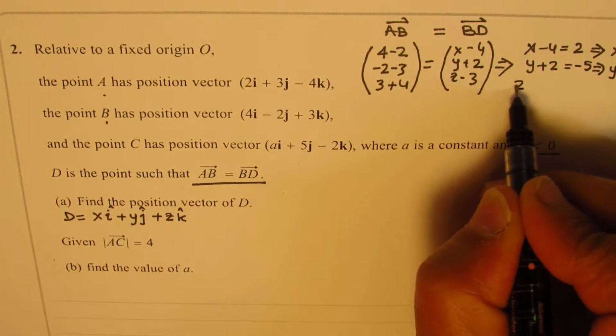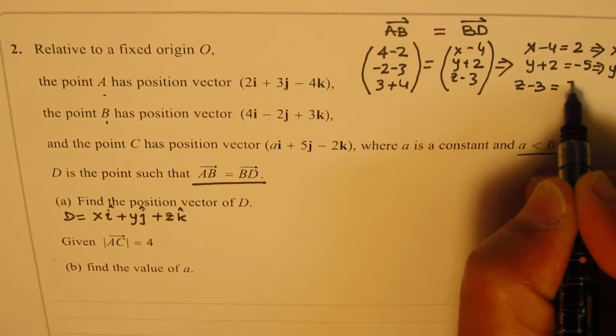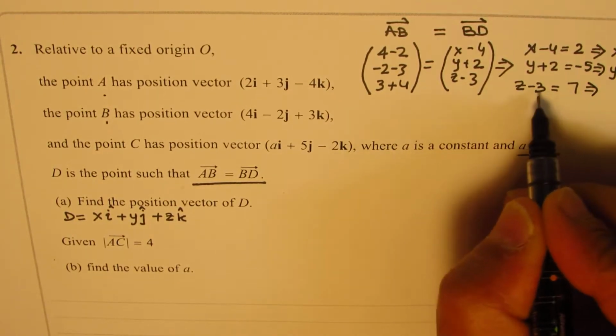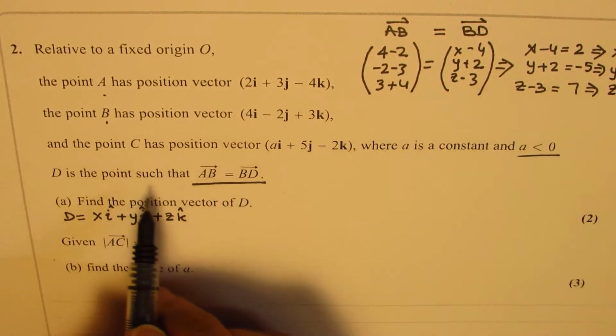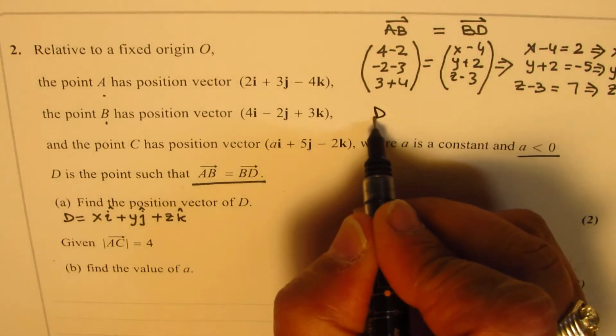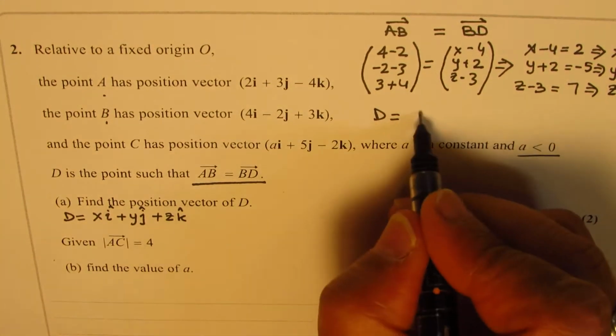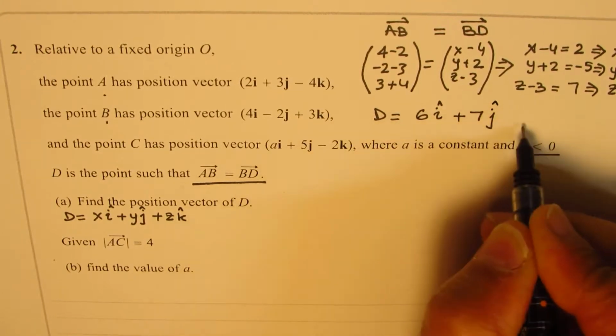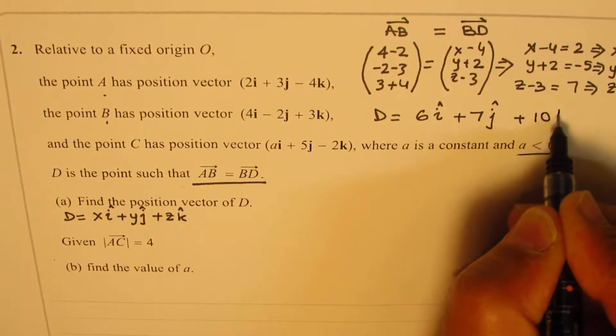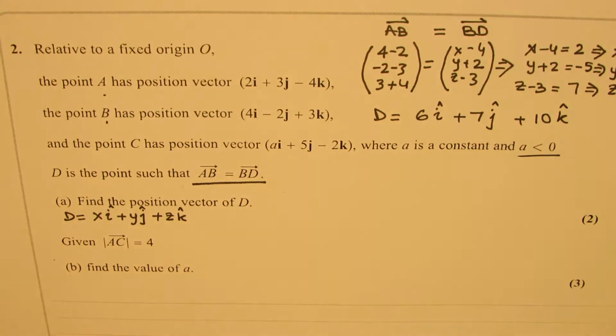And then z minus 3 equals 7, so 7 plus 3 is 10 for z. So vector D is 6i plus 7j plus 10k. Clear? So that is how we find this particular solution.